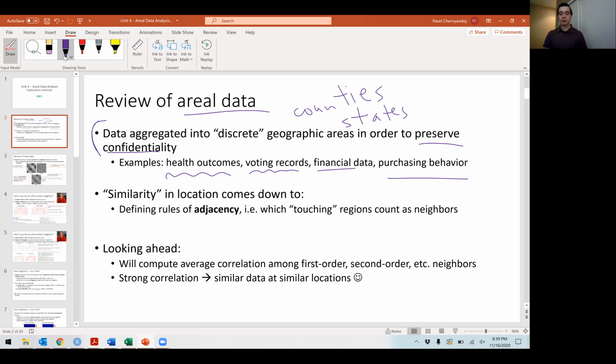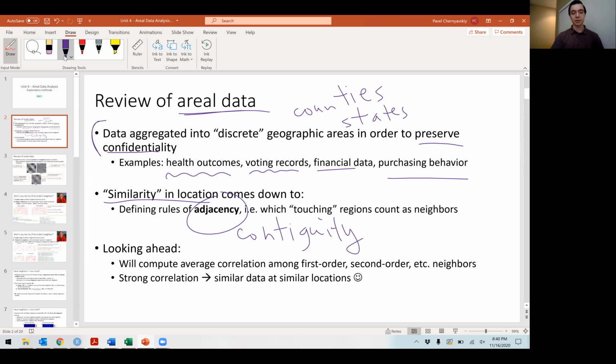So remember our sort of adage of spatial correlation: similar data at similar locations. With aerial data, similar locations will come down to adjacency. The other word for this is contiguity. So we will be paying attention to which counties, states, regions are touching, and we will define rules around those regions.